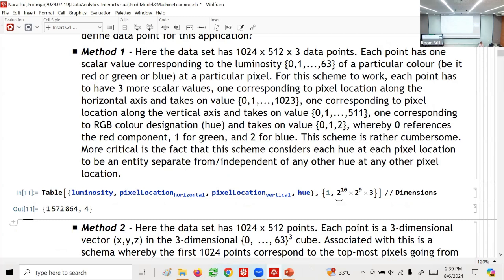So you have 3 for hues, you have the luminosity, and you have the pixel location: horizontal, vertical, and line. So there.